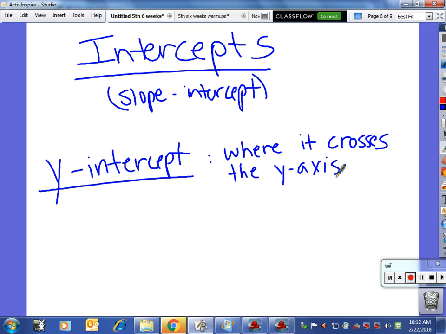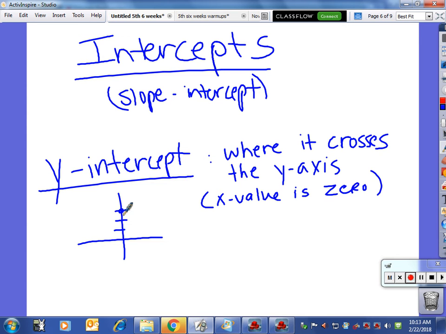Every point that's on the y-axis has something in common. It has 0 somewhere. Where? In the x position. This happens when the x value is 0. Think about any point that's on the y-axis. Here's a y-intercept right there.